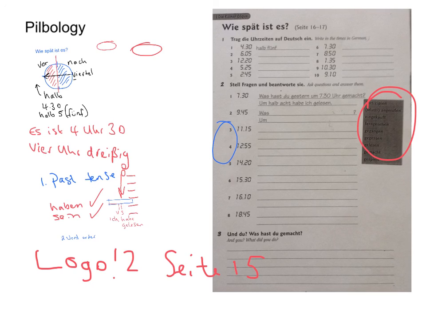For example, 11:15 bin ich ins Kino gegangen. Okay, so then you could tick off gegangen. At another time habe ich fern gesehen. At another time habe ich meine Hausaufgaben gemacht. Okay, so use those as a template. You should also be able to find the other ones in there, within the chapter.